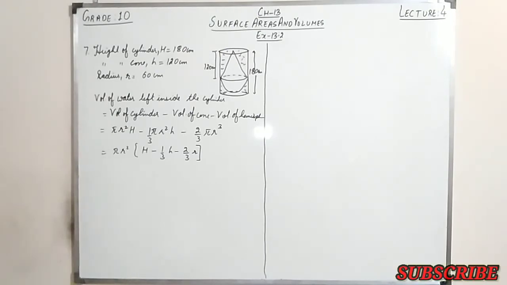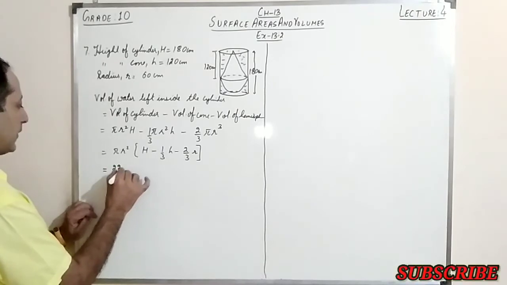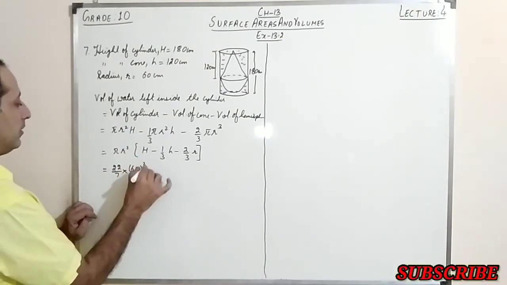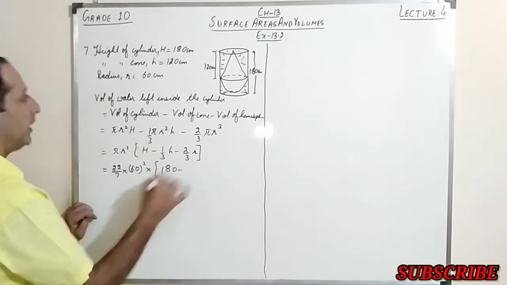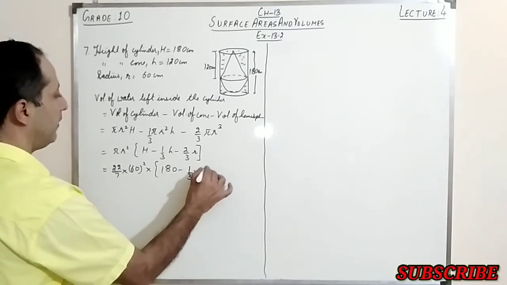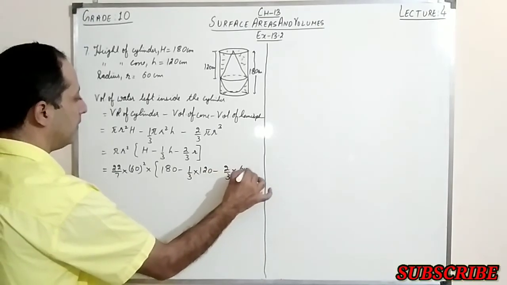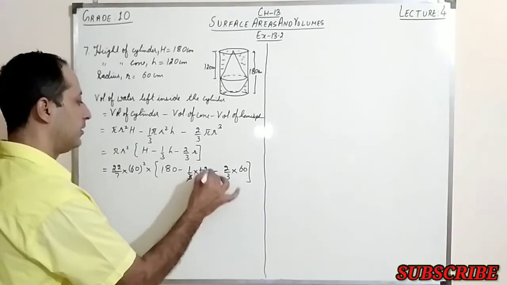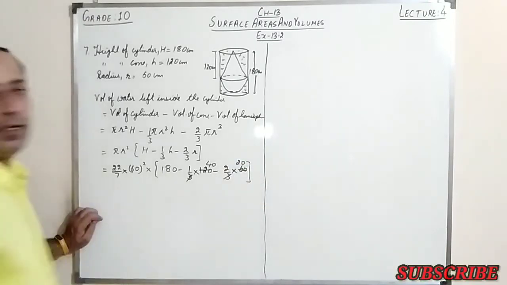Now the value of pi we have to take as 22 by 7 multiplied. Now the r is given as 60, so 60 square multiplied. Now the capital H, that is 180, minus 1 by 3 multiplied by small h, 120, minus 2 by 3 into 60. So this cancels, this is 40, this cancels, this is 20, right?